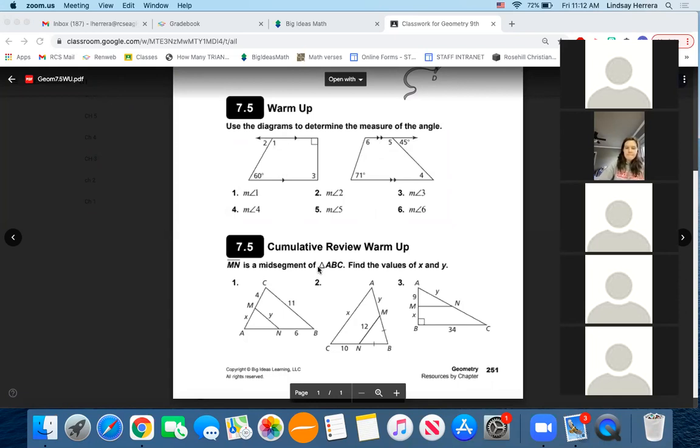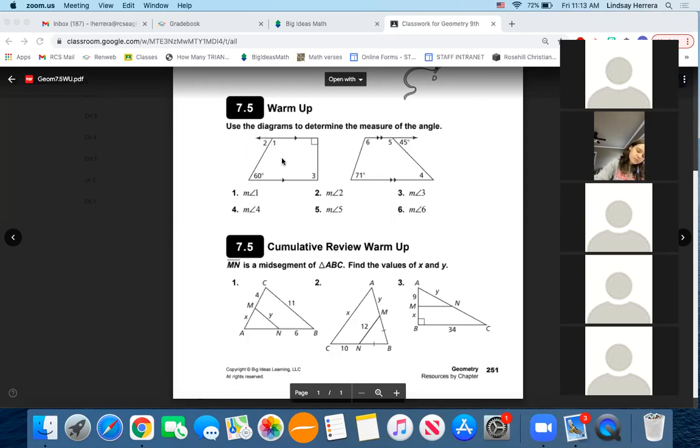It says use the diagram to determine the measure of the angle. So let's look and see what we have for this diagram right here. We have a 90-degree angle. We have something else that we don't know what it is. We have 60, and we have a linear pair right here of 1 and 2.